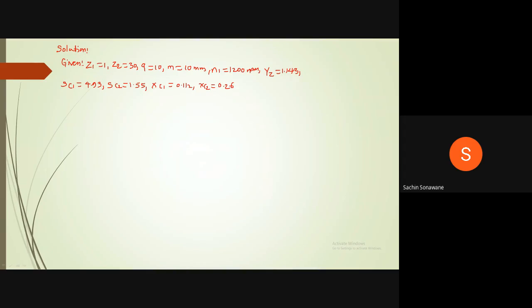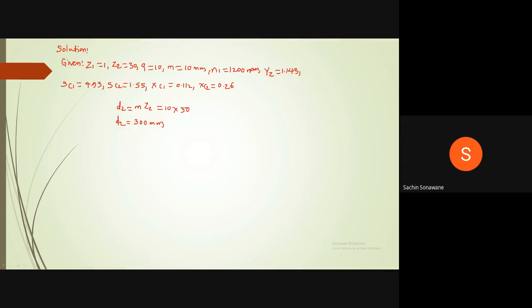Now D2 they are given. D2 is equal to M into Z2. We will calculate first of all D2. Therefore, write down D2 is equal to M into Z2. M is equal to 10 into 30. Therefore, D2 is equal to 300 mm.